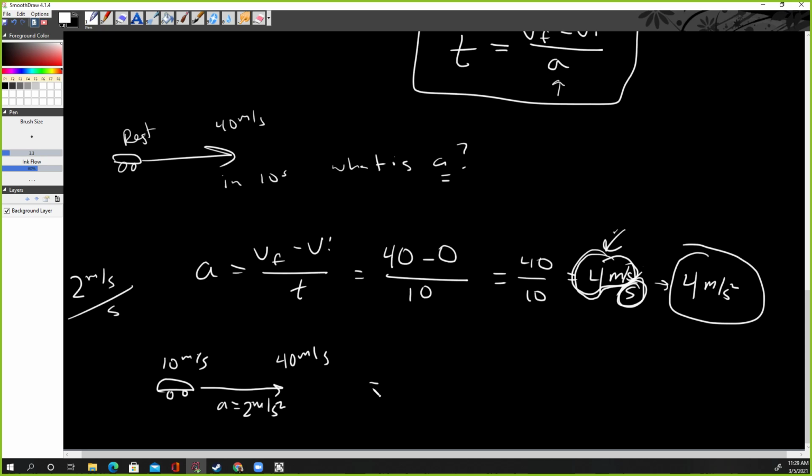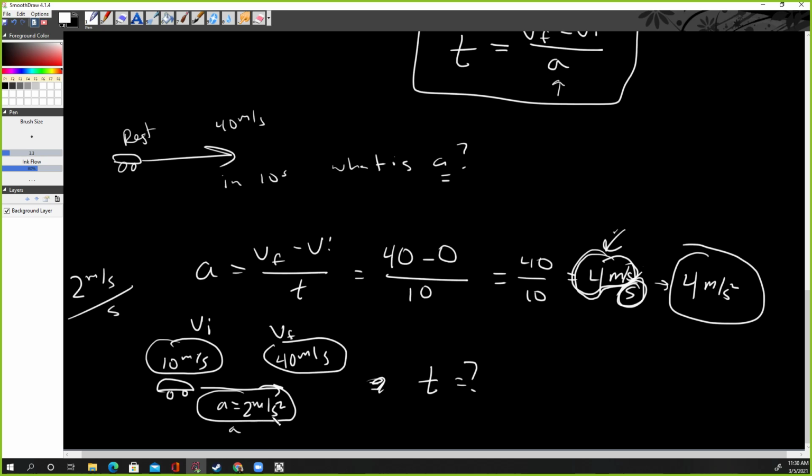So the equation is t, and by the way, we're looking for t, I should say, but it's kind of obvious because I told you what speed it started at, vi. I told you what speed it ended at, vf, and I told you the acceleration rate, a. The only thing I didn't tell you was time, so you kind of know that's what I'm looking for.